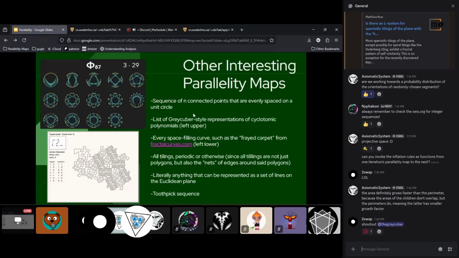Actually, if you consider endpoints on a circle that are evenly spaced, but not all connected, just connected to adjacent ones, the sequence of n-gons essentially, the parallelity map kind of oscillates at each layer.